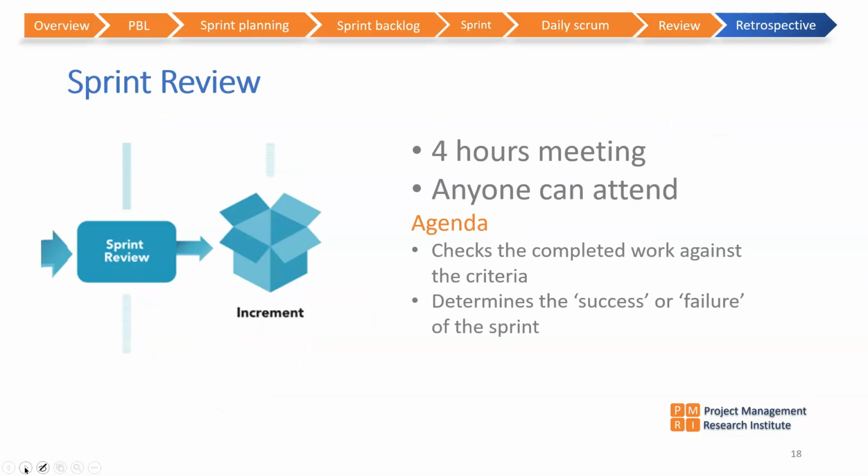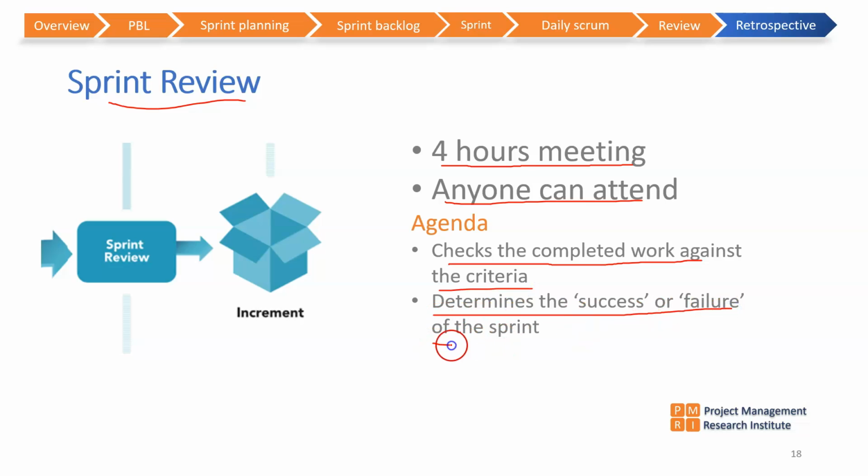Then at the end of the sprint, we said a 30-day sprint, a formal sprint review happens. That is a 4 hour meeting and anyone can attend. The agenda checks the completed work against the criteria and determines the success or failure of the sprint.